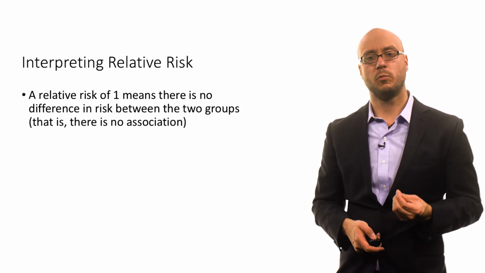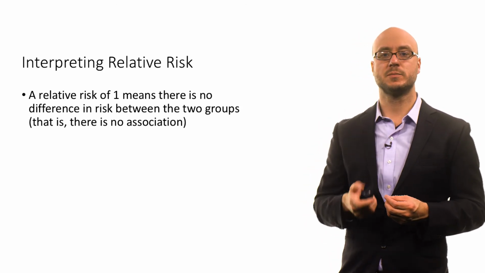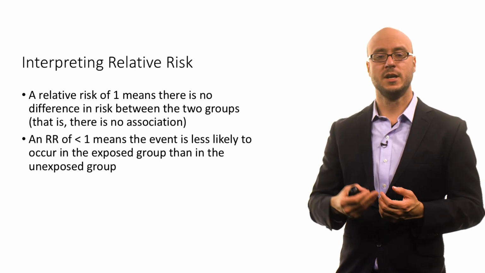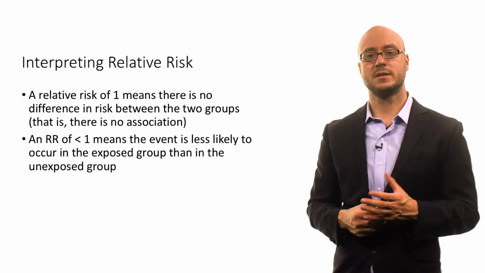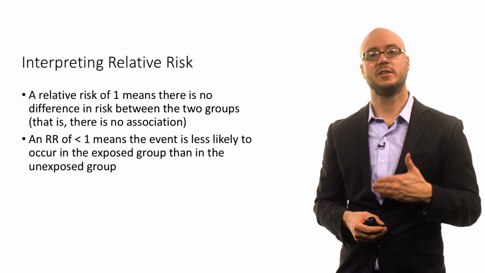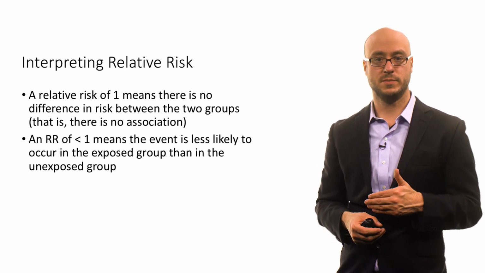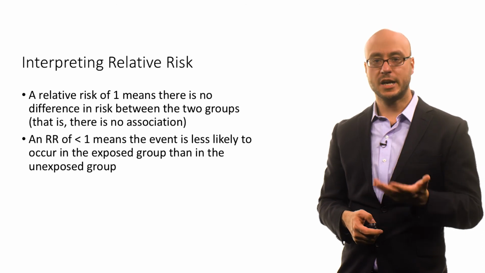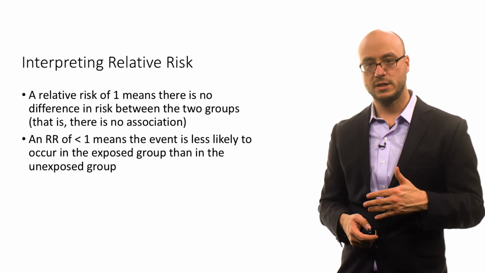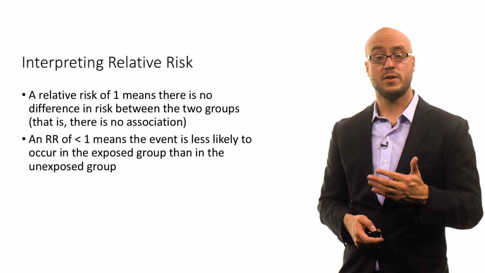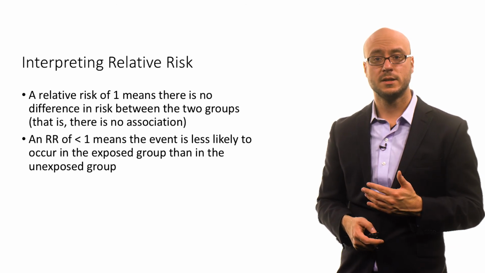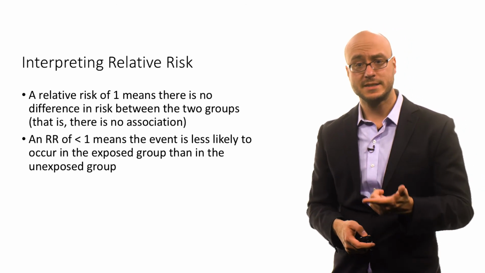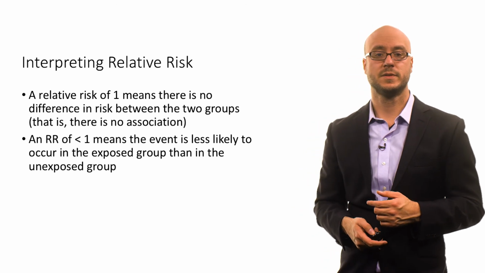How do we interpret relative risk? Well, a relative risk of 1 means that there's no difference in risk between the two groups. There's no association. A relative risk of less than 1 tells us that the event is less likely to occur in the exposed group than the unexposed group. So for example, if you're interested in not graduating from college, given poverty, a relative risk of less than 1 means that not graduating from college is less likely to occur in the exposed group.